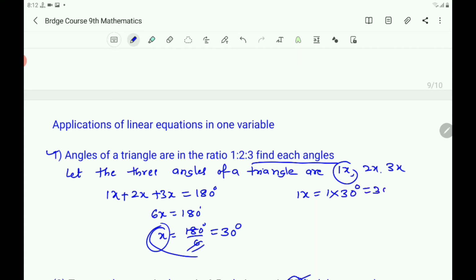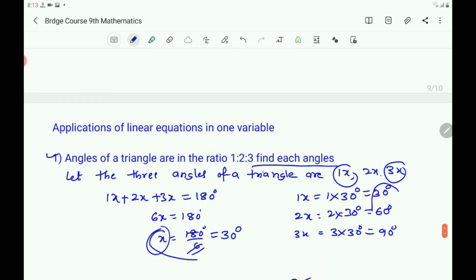That equals 30 degrees. Next, 2x. The second angle is 2x. 2x equals 2 into 30 degrees, that equals 60 degrees. Then 3x. 3x is 3 into 30 degrees, that equals 90 degrees. So which are the three angles? 30 degrees, 60 degrees and 90 degrees.